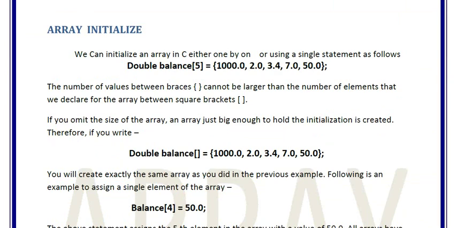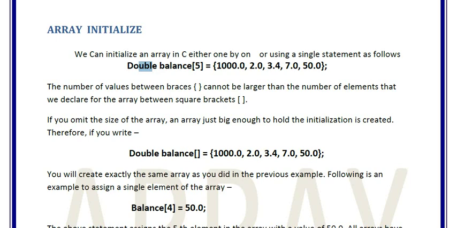Array initialization. In this section, we have first the type, then the name of the array, then the size of the array. This size means that we can have 5 elements in this balance array. Here we have the double type, which is similar to floating point.